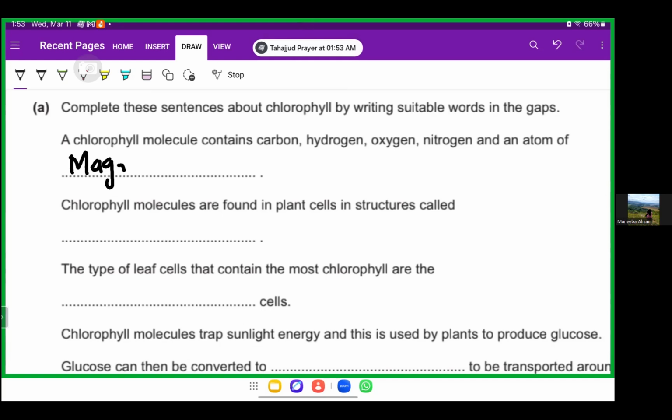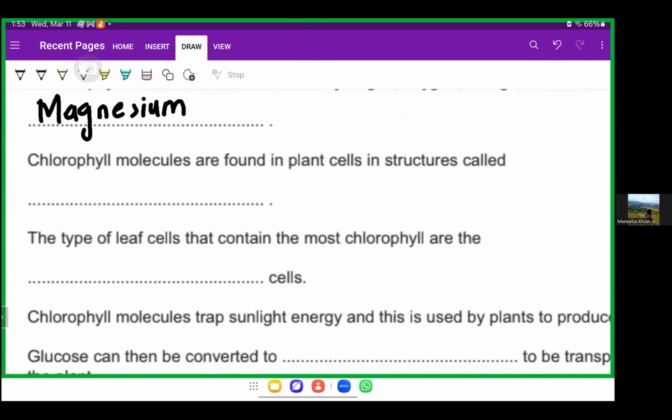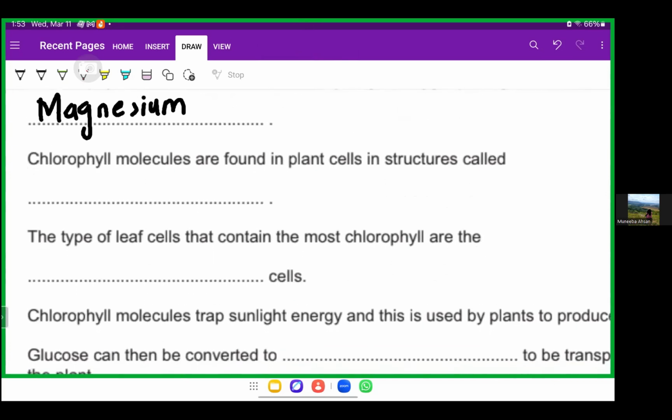So magnesium is one of the most important components of chlorophyll. Chlorophyll molecules are found in plant structures called chloroplasts.